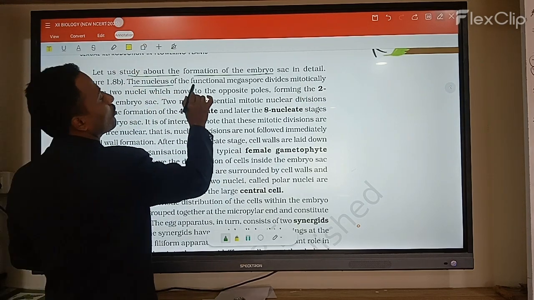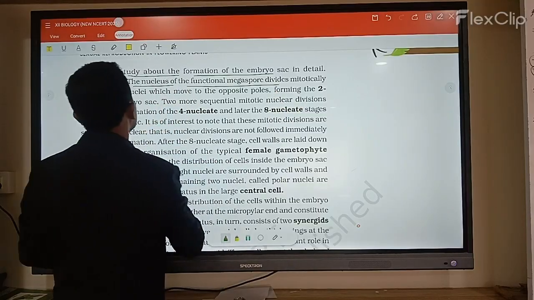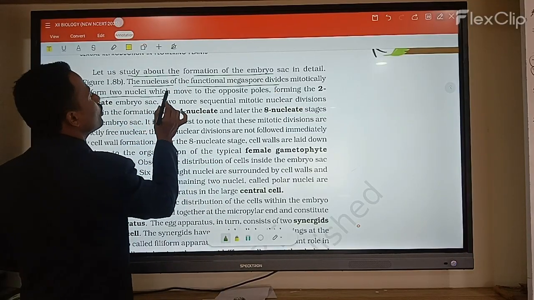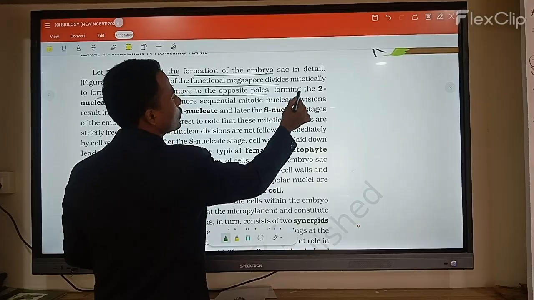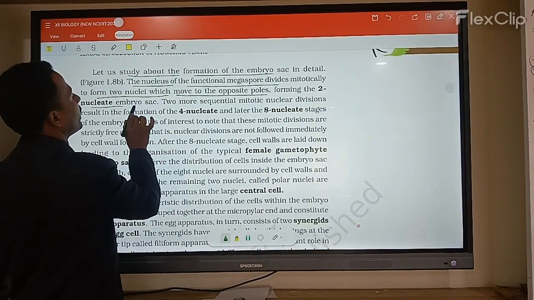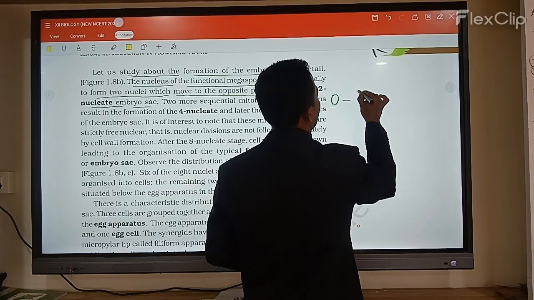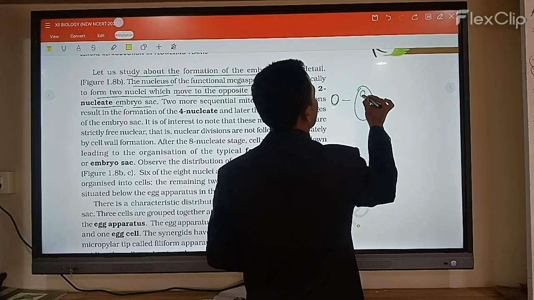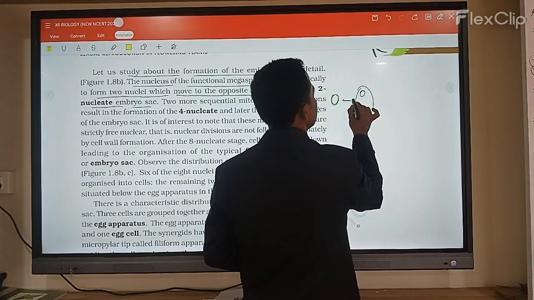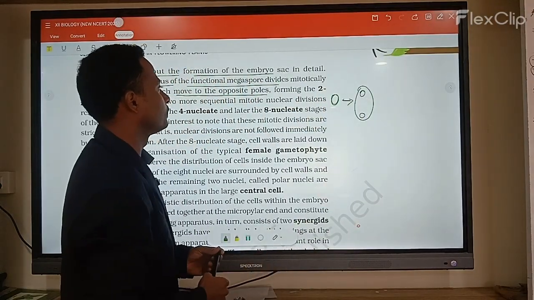The nucleus of the functional megaspore divides by mitotic division to form two nuclei, which move to opposite poles, forming a two-nucleate embryo sac. So first, one functional megaspore divides by mitosis to form two cells, and these two cells move to two opposite poles.